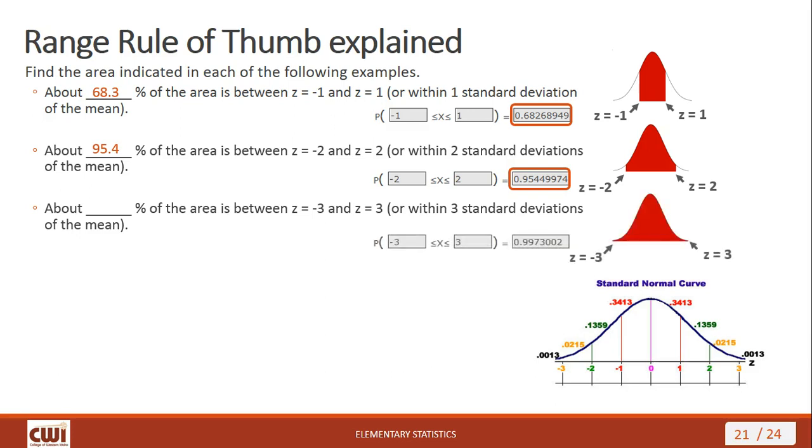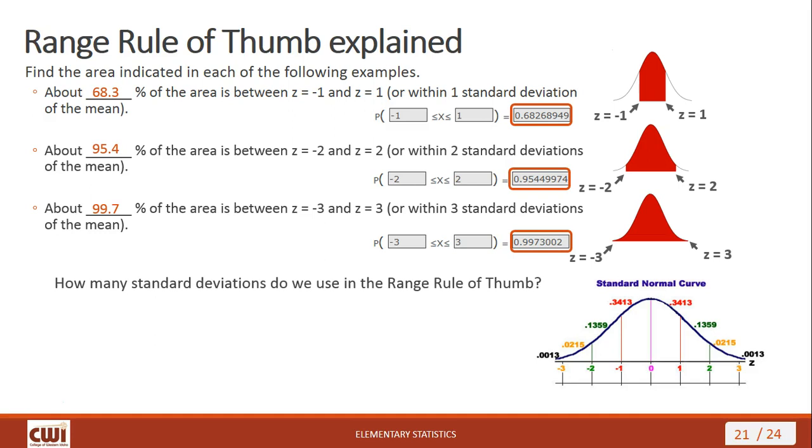When you place those numbers into StatCrunch, -3 and 3 gives us 0.997, so about 99.7% of the area is between z equals -3 and 3, or within three standard deviations of the mean. You can see these numbers are the same ones we saw before when we discussed the empirical rule.